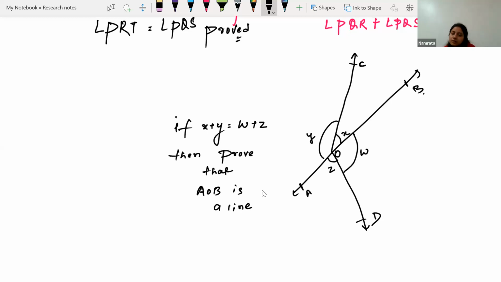If the sum of X and Y and the sum of W and Z are equal, then we have to show that AOB is a straight line. As you can see, AOB, it's a line. That's what we have to prove over here.